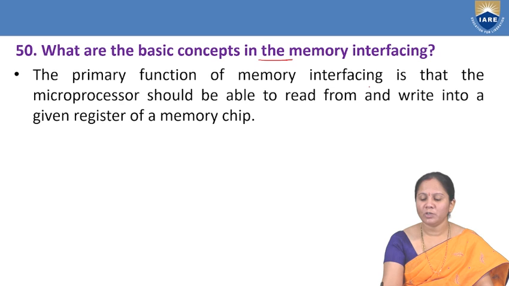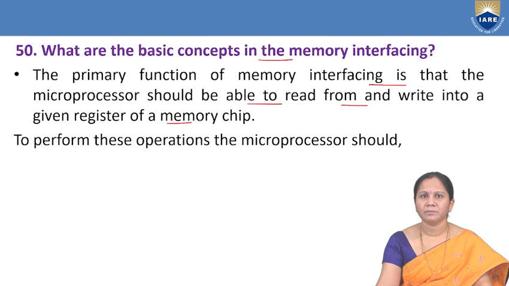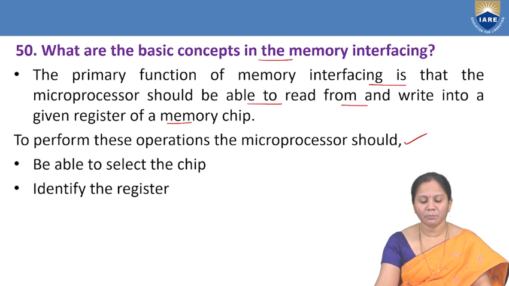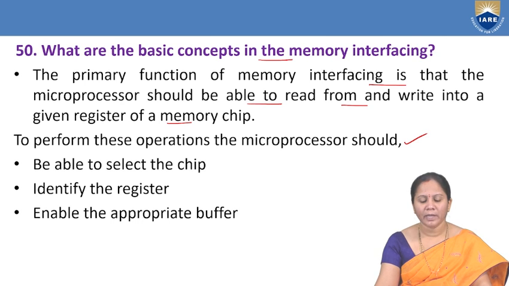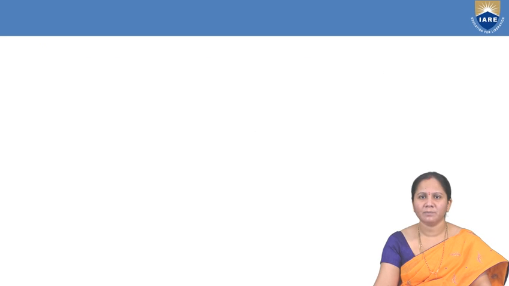The primary function of memory interfacing is that the microprocessor should be able to read and write into the given register of a memory chip. To perform these operations, the microprocessor should be able to select the chip, identify the register and enable the appropriate register. So these are the basic concepts.